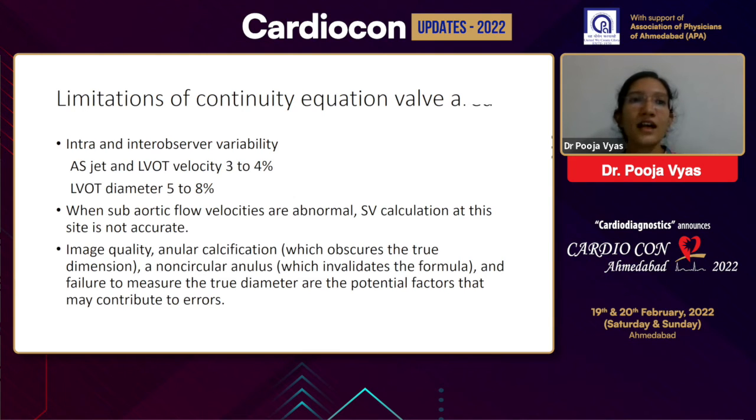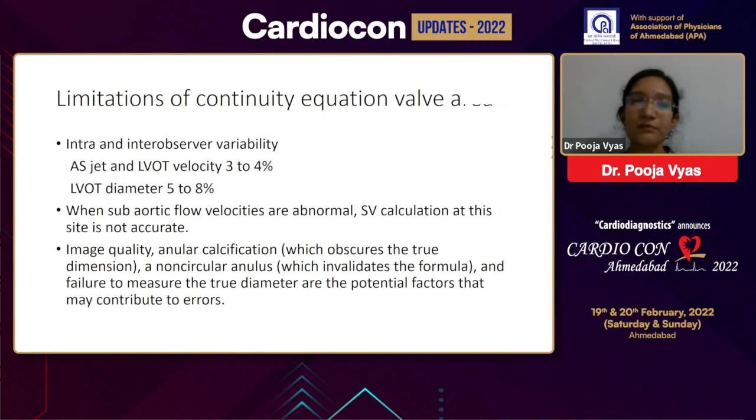So there is intra- and inter-observer variability. Variability is noted around 3 to 4% while measuring the aortic stenotic jet and LVOT velocity, and somewhat higher for measuring the LVOT diameter, around 5 to 8%. And when we have abnormal subaortic flow velocities, then stroke volume calculation at this site is not accurate. Other potential factors that can contribute to errors are image quality, annular calcification, non-circular annulus, and failure to measure the true diameter.